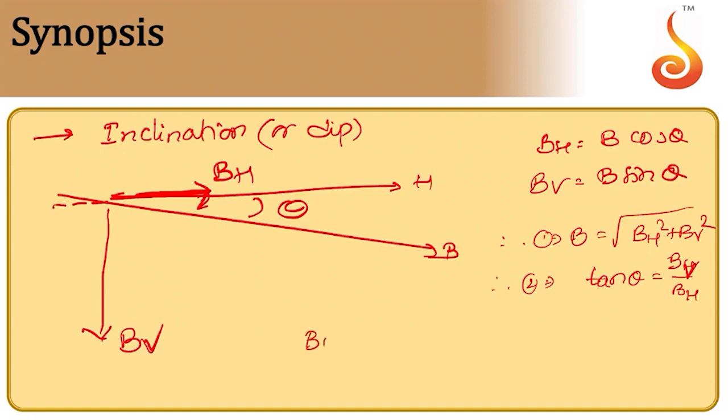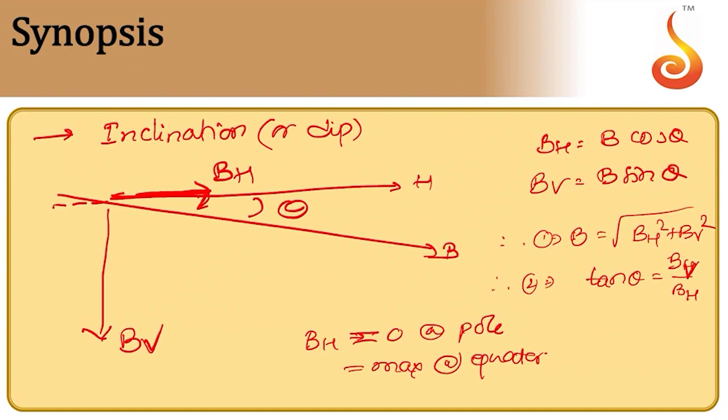And remember, BH is 0 at the poles and maximum at the equator.